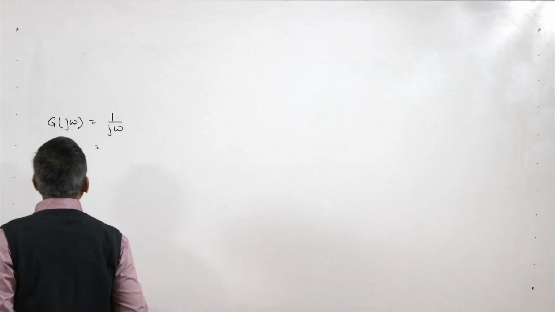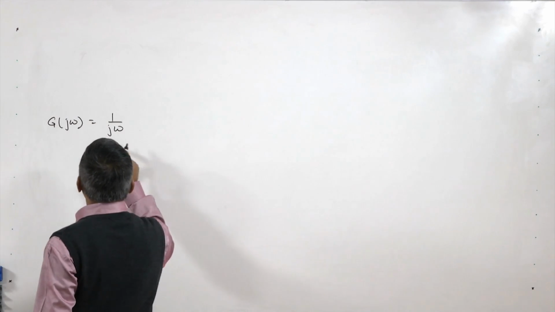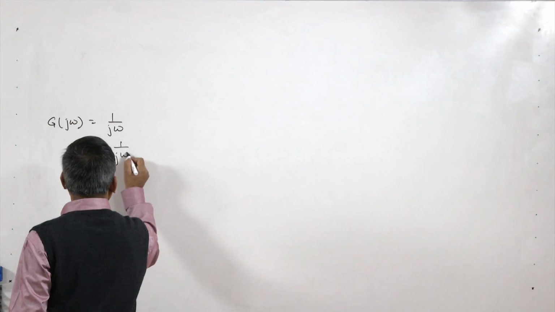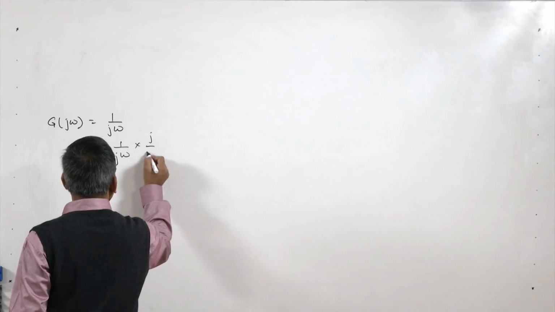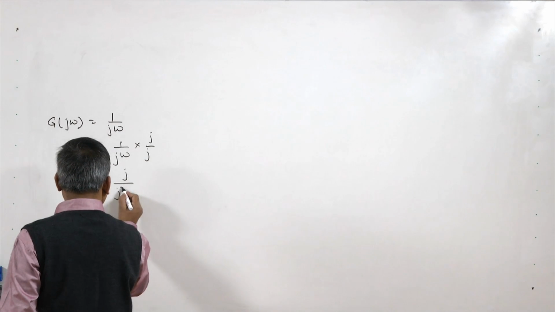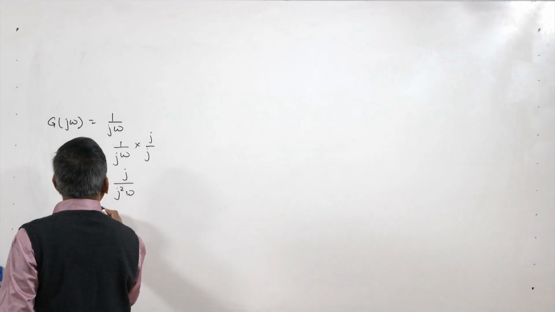This is how we get it, because our G(jω) is 1 by jω. To express it in terms of the coefficient of j, what is done is that we multiply the numerator and denominator by j. So, here this is j by j squared ω, and this j squared is minus 1.